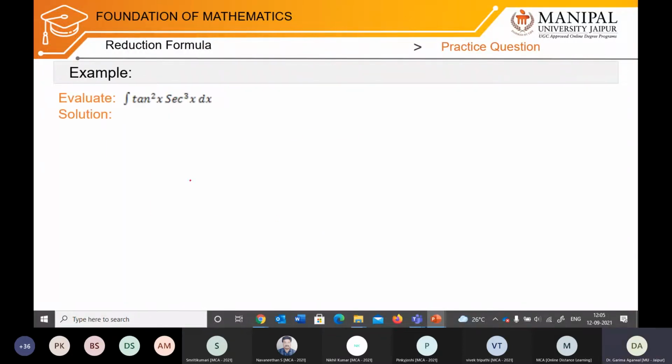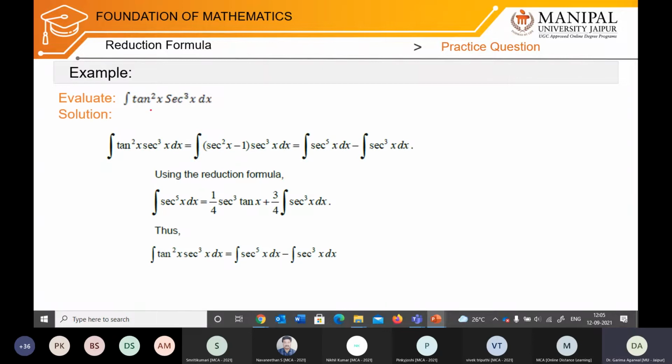For example, here we have this question, integration of tan square x sec x, right? Here the power of tan is even and the power of sec is odd. So first of all, we'll convert tan square into sec square x minus 1, then we'll multiply by sec x.